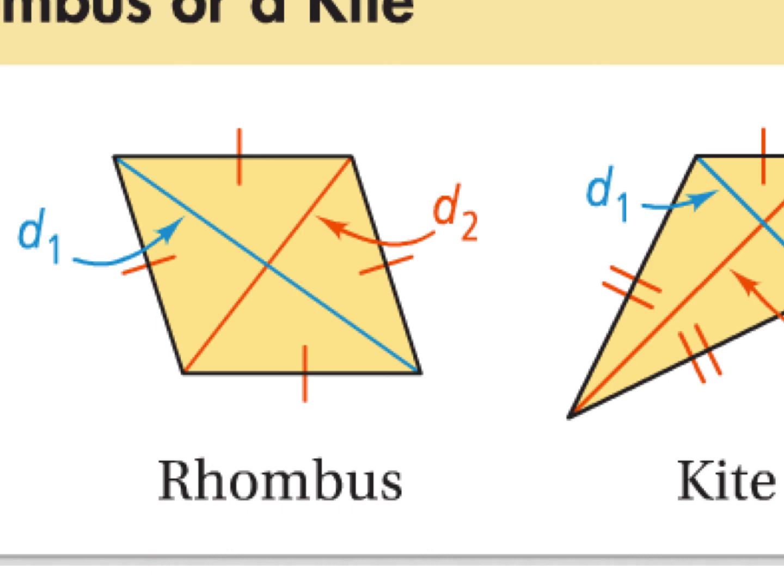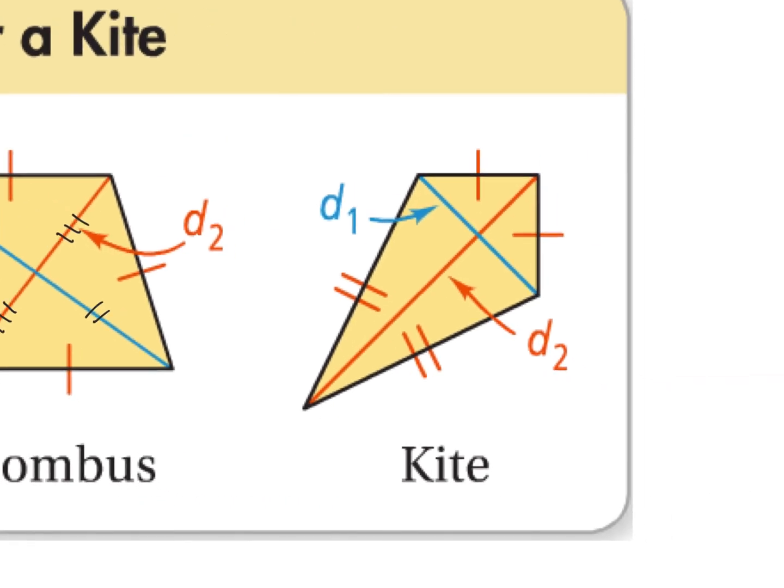If you remember that from Unit 4 or Unit 5, I believe. So what that means is this piece and this piece, or that blue diagonal, is cut into 2 equal pieces. And then the red diagonal is also cut into 2 equal pieces that are different from the 2 blue ones. But just remember that whenever you have diagonals of a rhombus, they're going to be cut into 2 equal pieces, and that's something you're going to have to use here in a bit.